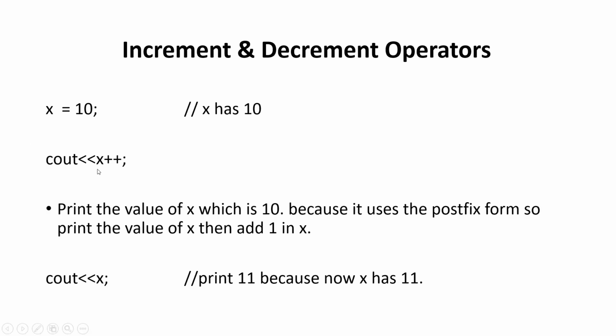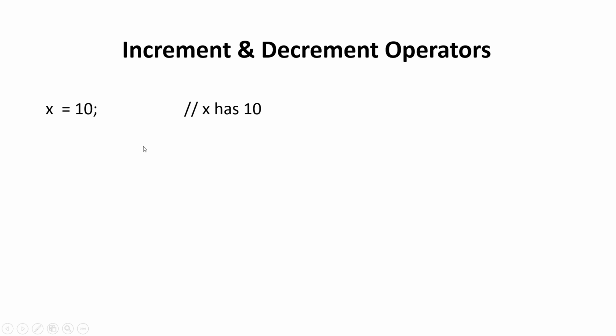In this one, x++, it will print the value of x, which is 10, because it uses the postfix form. So it will print the value of x, then add 1 to the x variable. And after this statement, if you print x again, then its value will be 11.